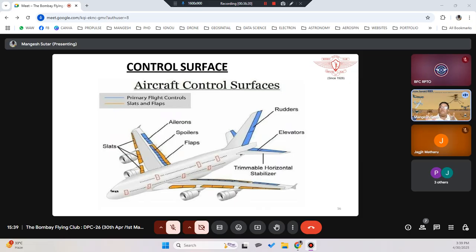When we are flying the drone, we will be doing these exercises every time. These are called flight checks. Once your drone is in the air, the first thing you have to do is flight checks. You have to push the drone pitch forward, pitch back, roll right, roll left, yaw right, yaw left. All these exercises you have to do, and then proceed with your procedure.